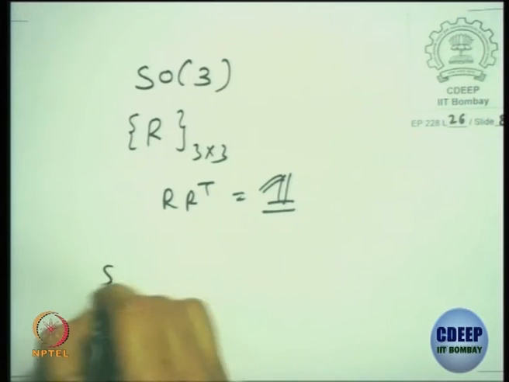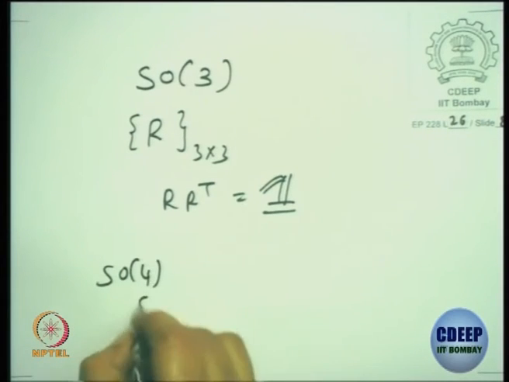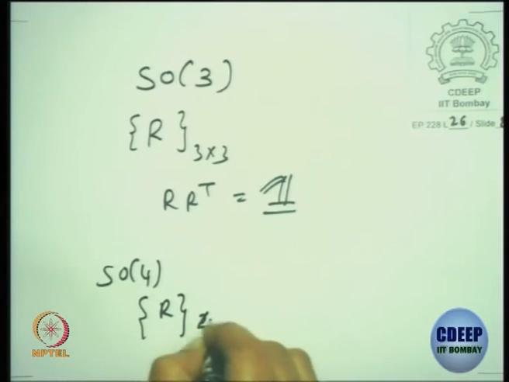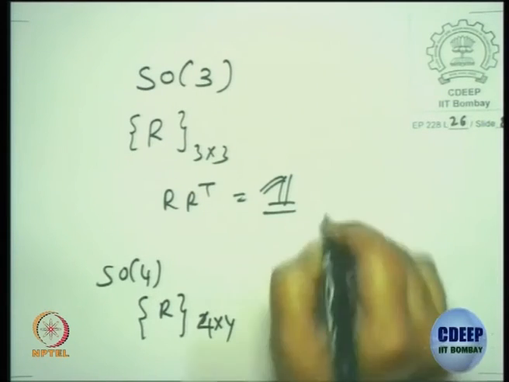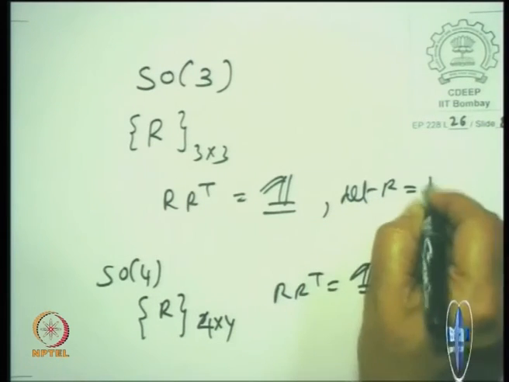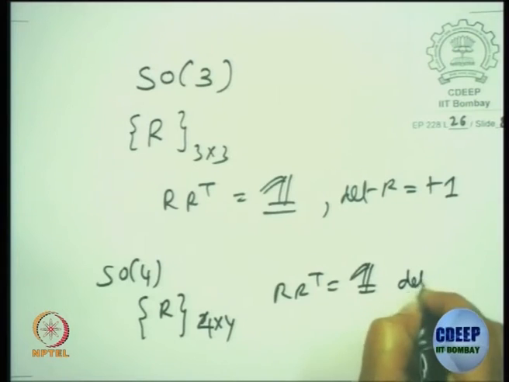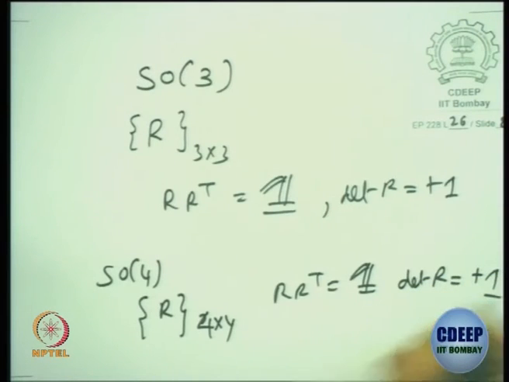I am just trying to tell you SO4 is again a collection of 4 cross 4 R matrices with R R transpose to be identity and determinant of R is 1. That is the definition.